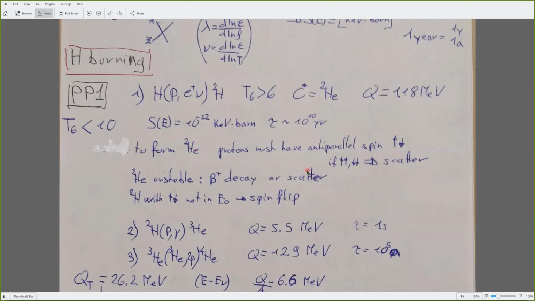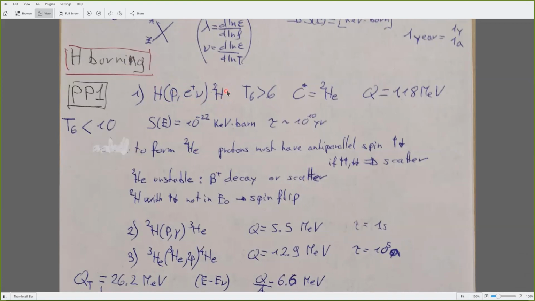It's more complicated than what you can see. Usually it's just written that you have a hydrogen with a proton, there is a beta plus decay, and you get the deuterium.